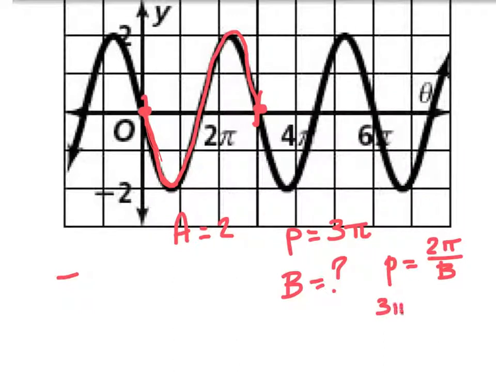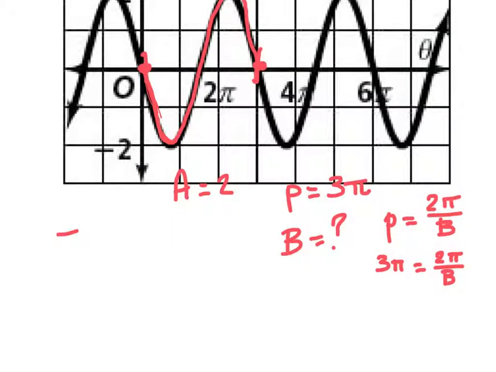So 3 pi equals 2 pi divided by b. So I cross multiply and get 3 pi b equal to 2 pi. So then b is 2/3.